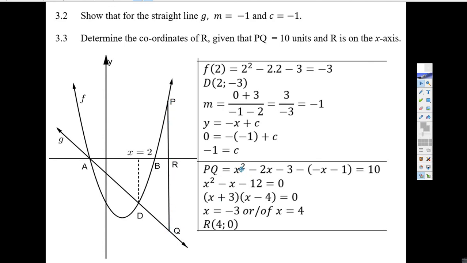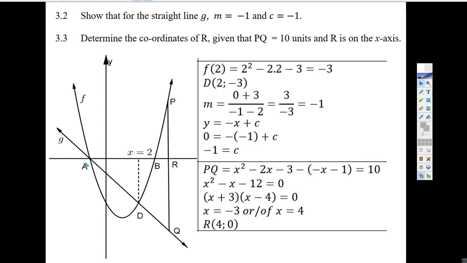Well, x squared, there's only one x squared. Minus 2x, but you're minus minus, plus x, that makes that minus x. You've got minus 3 here, plus 1, that's minus 2, but then you subtract 10, you get minus 12. Well, you factor this. 3 times 4 gives you 12, but plus 3 minus 4 gives you the minus 1x here, plus 3x minus 4x.